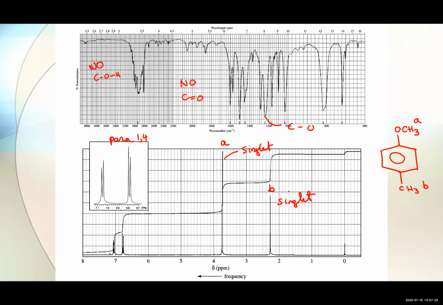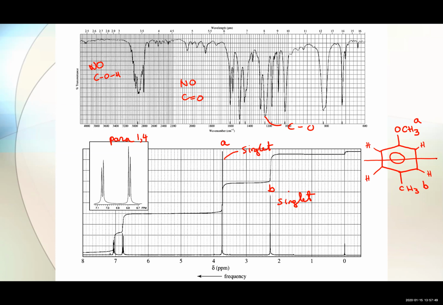Okay, so let me do something real quick. I'm going to draw some hydrogens here, and these doublets will make sense then. If you draw a line of symmetry on this benzene ring across this way, you'll notice that the top hydrogens are the same and the bottom hydrogens are the same.